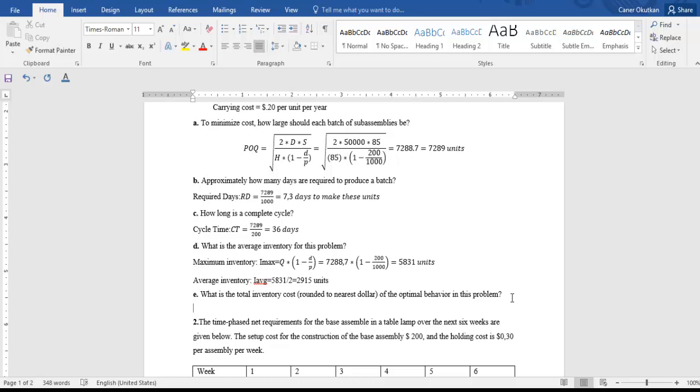So to calculate inventory cost, we have to find total holding cost and total setup cost. Total inventory cost equals total holding cost plus total setup cost.